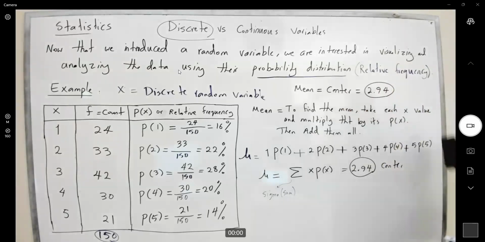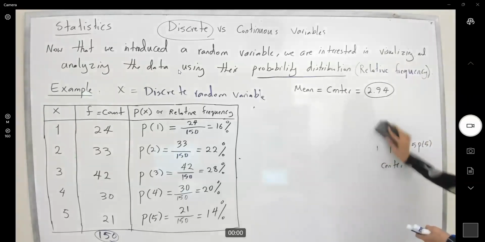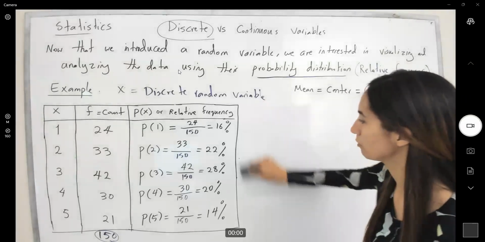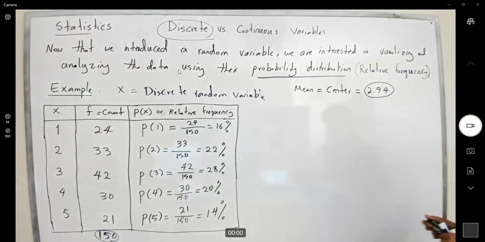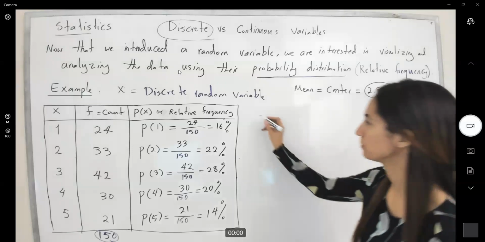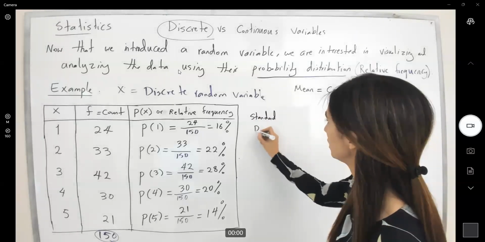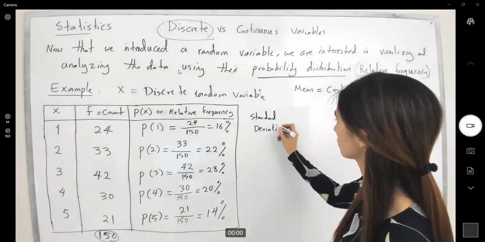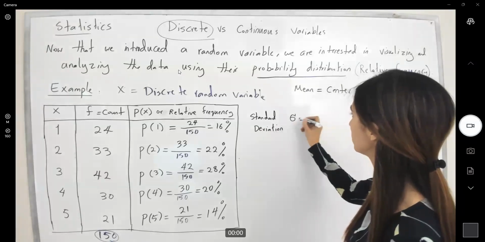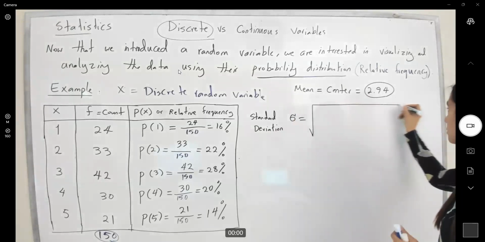Let me erase the rest of the board to find variability. The variability has a little bit more calculations. To find variability, especially standard deviation, or sigma, is equal to, well, you need a square root.